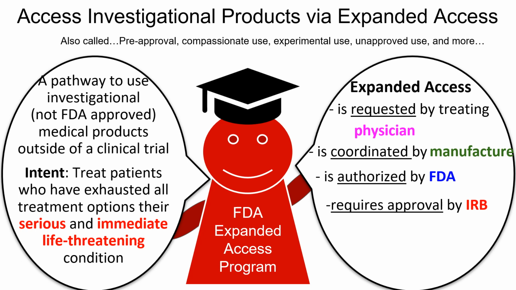The intent is to treat patients who have exhausted all treatment options for their serious or immediately life-threatening condition. An expanded access request is initiated by the physician, and most of the time it's coordinated by the manufacturer of the investigational product. Expanded access of an investigational product is authorized by FDA and requires IRB approval before it can be used to treat patients. So those are some characteristics.